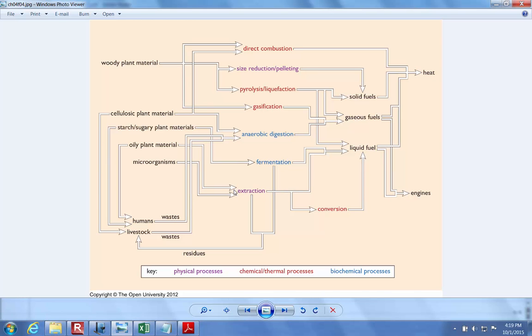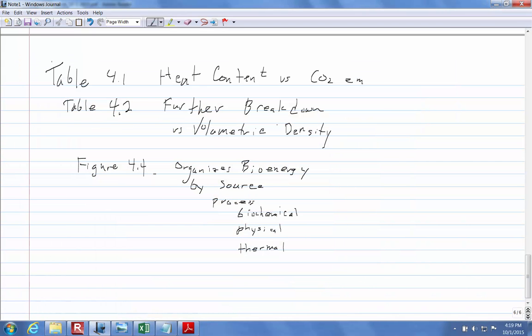Let's go to table 4.3 just momentarily here. Another further breakdown.